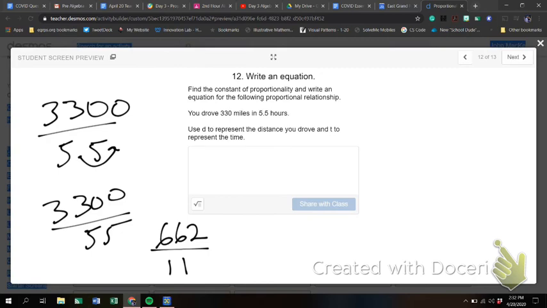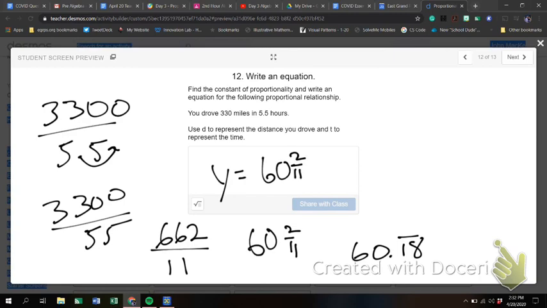We can do it. I'm trying to decide if I want to. No, it's going to be a fraction. One sec. So let's just roll with that fraction. It'll be 60 and 2/11. You might end up getting something like 60.18 repeated. I'm cool with that. All right. So 60 and 2/11 miles per hour.